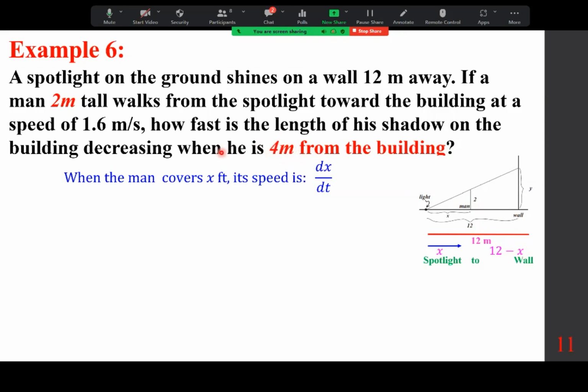Take a look at this one. We want to make sure we understand why this is not x, this is 12 minus x. Because it says, how fast is the length of his shadow on the building decreasing when he is 4 meters from the building? And if we let this be x, this distance is 12 minus x.